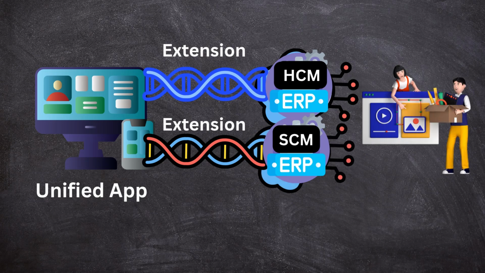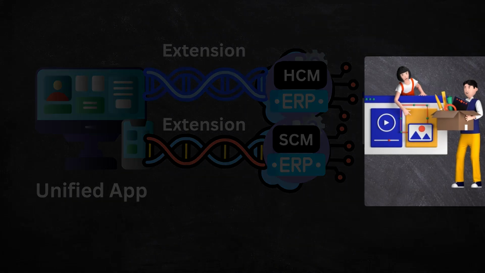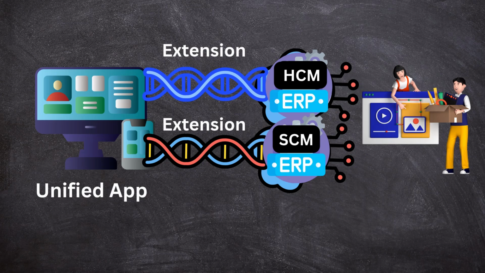Here is where it gets exciting. Oracle is opening up that very foundation to us. For the first time, customers can follow the same pattern Oracle used to build Fusion applications themselves. In other words, you can now create your own extensions directly on top of Oracle's source code, tailoring it to your unique business needs.